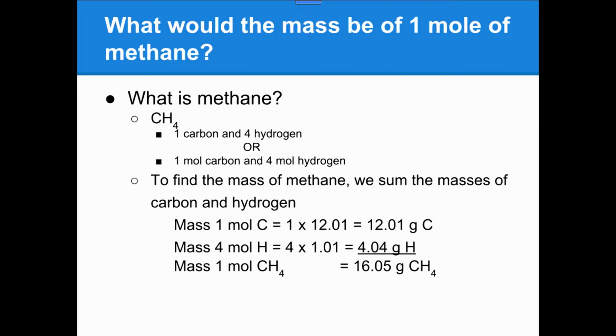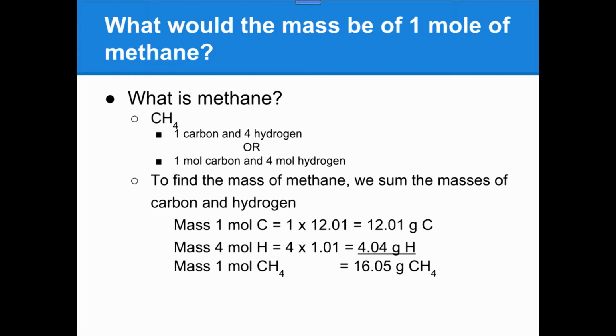So we have to do this in steps. The first is to realize that we need to add up the carbon individually from the hydrogen, and then add both of those together. So the first thing we do is we make a list of what we have, and in this case we have carbon and hydrogen, and we have 1 carbon, and each carbon is 12.01, and I'm getting that 12.01 from the periodic table.